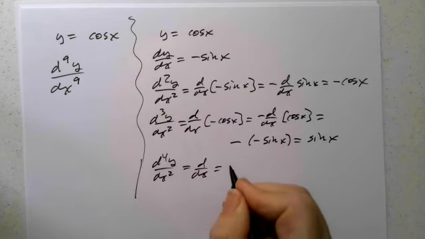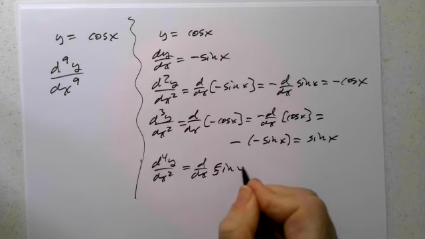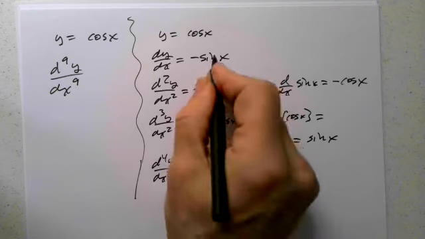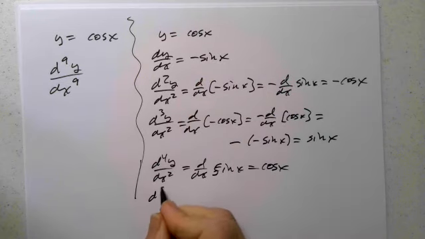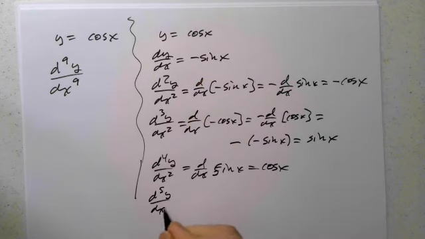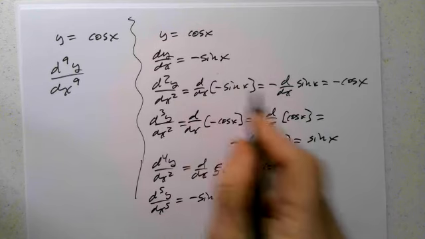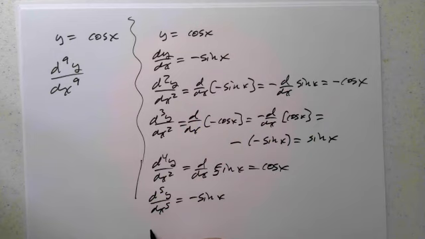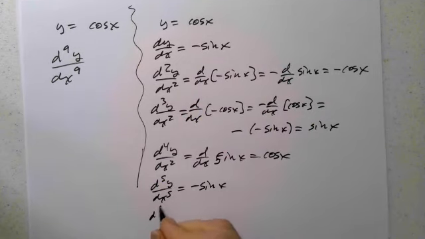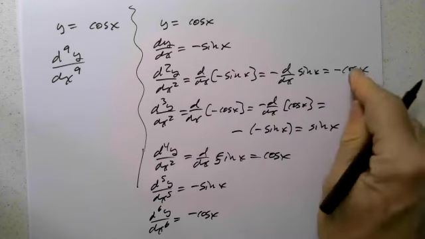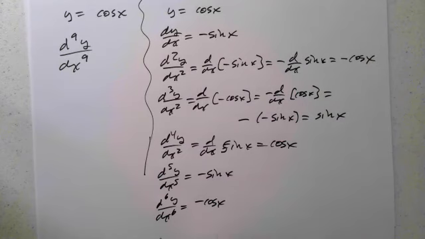And you can see the pattern is going to continue. So continuing with this, then the fifth derivative would just jump to minus sine x. The sixth derivative would be minus cos x. The seventh derivative would be sine x.